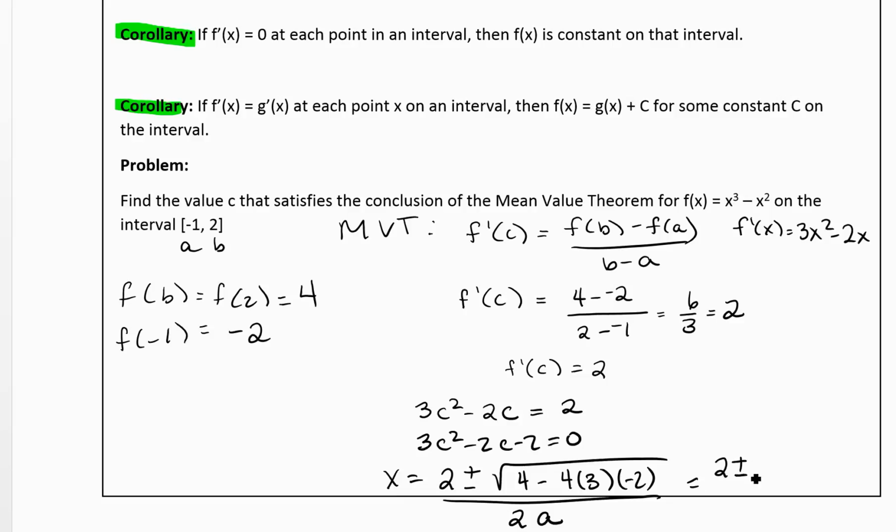So we'd have 2 plus or minus the square root of 28 all over 6, and you could put this in your calculator and get a number. So this is going to give you approximately 1.22 or -0.55, and either of those values would work here, so that's what we're looking for.